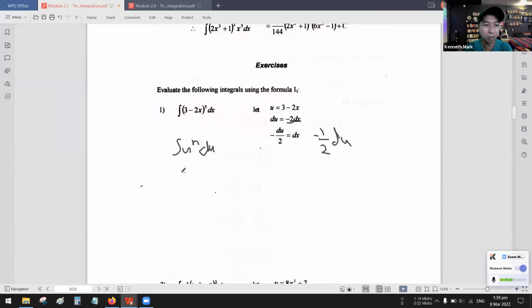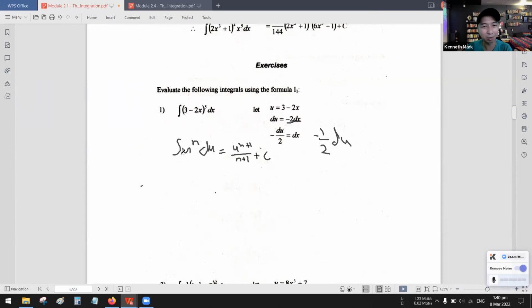In power rule, integral nito would be u to the n plus 1 over n plus 1, plus c. Yun lang yun.